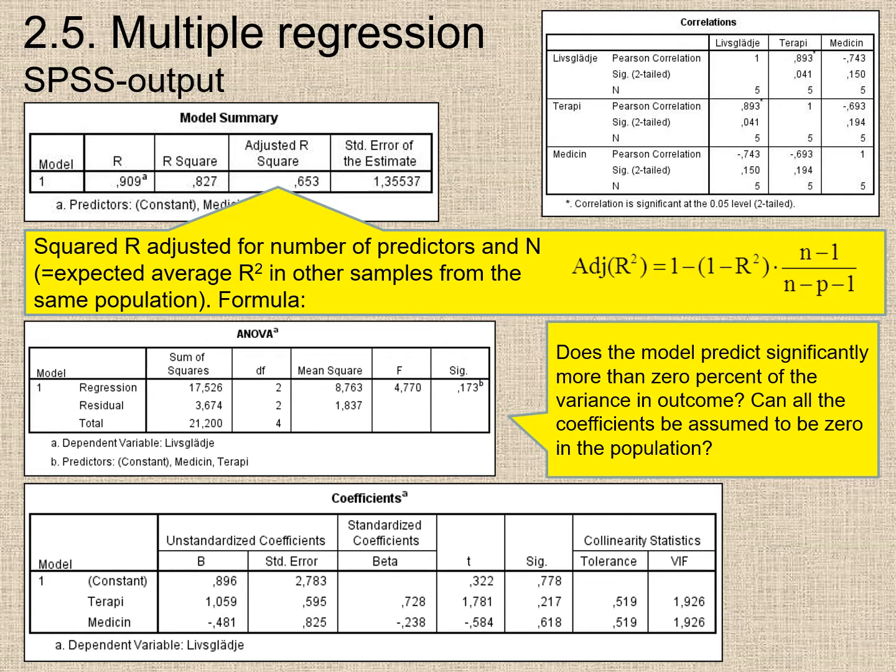Okay, I'm going to present a few other values here. Adjusted R². What is that? So in this case, we have R², 83% explained variance. 83% of the variance in life satisfaction can be explained by amount of therapy and amount of medicine.